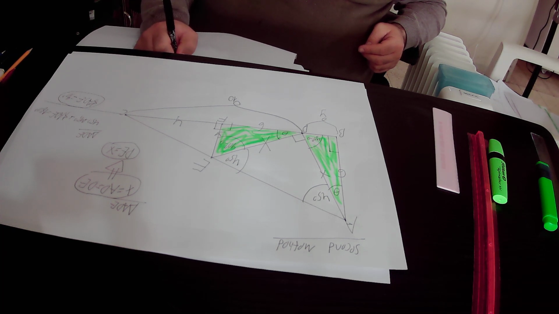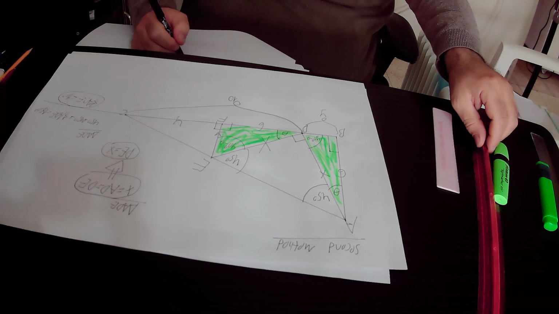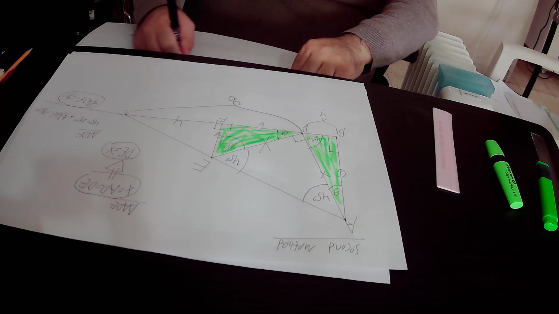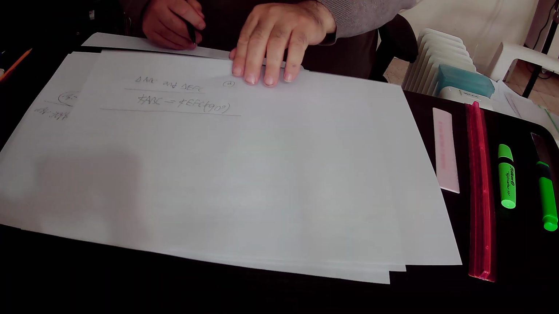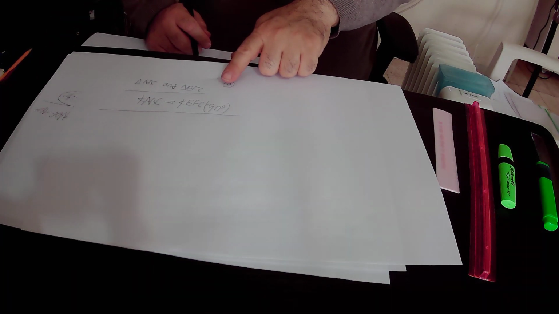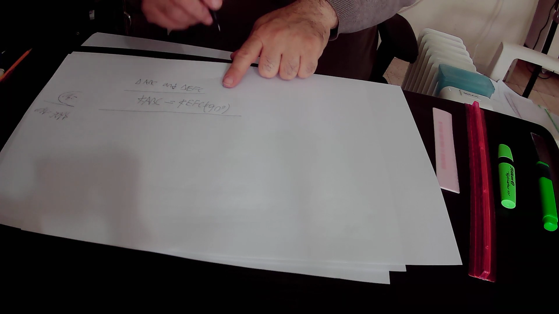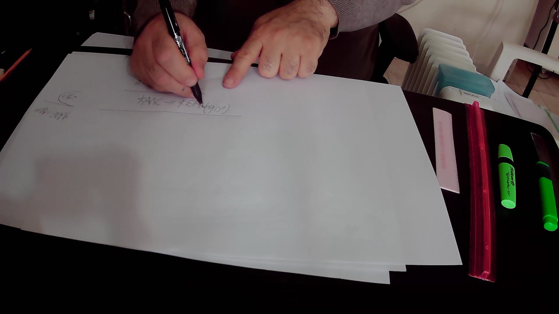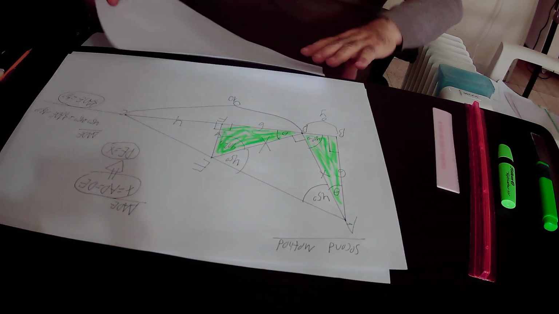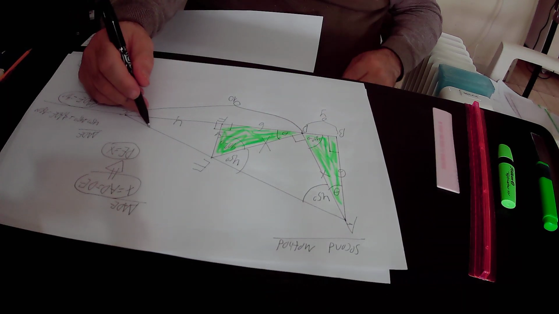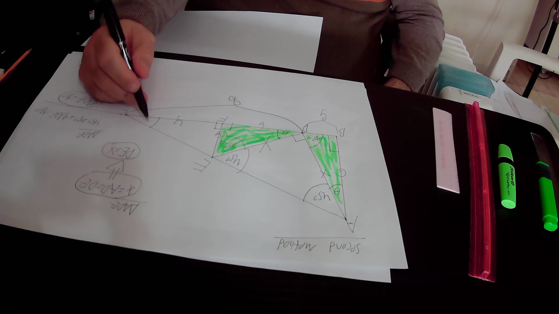And they are both equal to 90 degrees. I'll repeat again. Angle ABC equals angle EFC, and they are both equal to 90 degrees. This angle is a common angle, it belongs to both triangles.